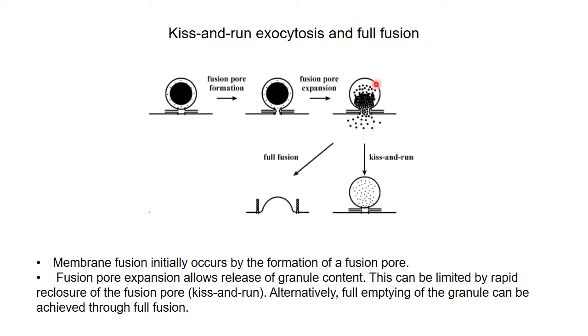This is still a matter of a lot of exploration. But you can appreciate that there is going to be a big difference in the response of postsynaptic cells, because you will release a different amount of neurotransmitter in the synaptic cleft whether you decide to do kiss and run or full fusion.